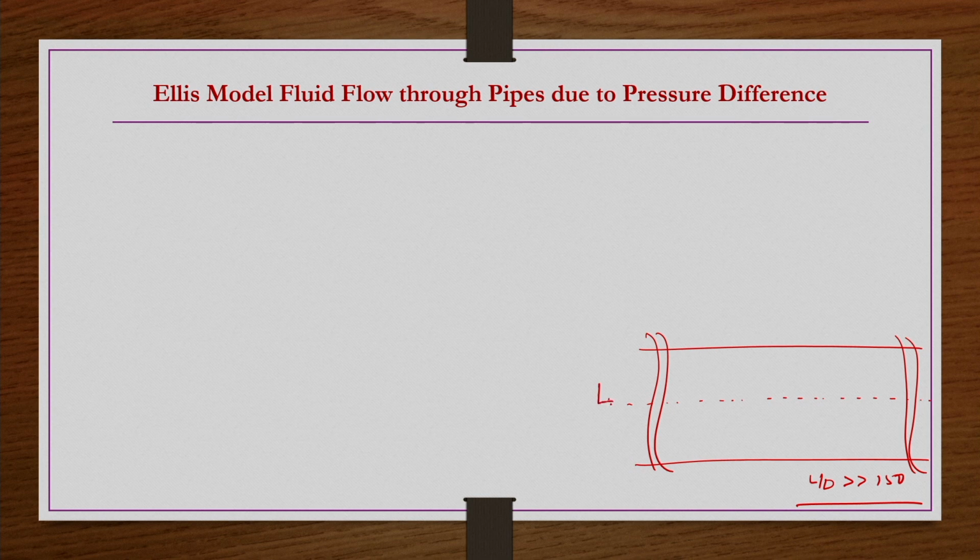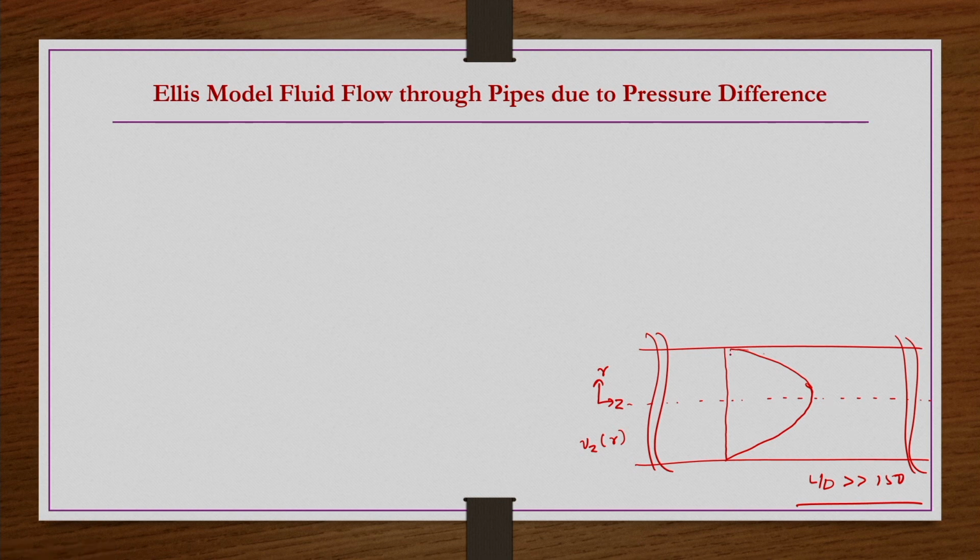Let us say this is your r direction and this is the z direction. Then in the flow direction only Vz you are having, and that is a function of r. If it is a Newtonian fluid, the velocity profile is parabolic like this, which we have already seen in the previous lecture, and then depending on the non-Newtonian behavior or the power law index, the profile changes.